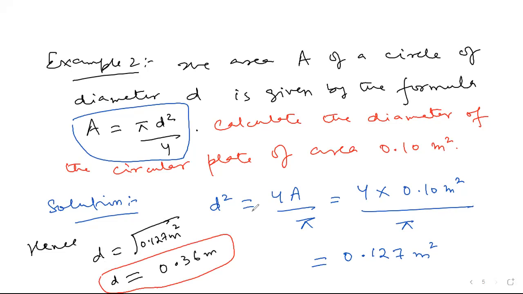We first solve for D square as 0.127 meter square. Then D turns out to be square root of this number. When we solve it, it is 0.36 meter to two significant figures, right?